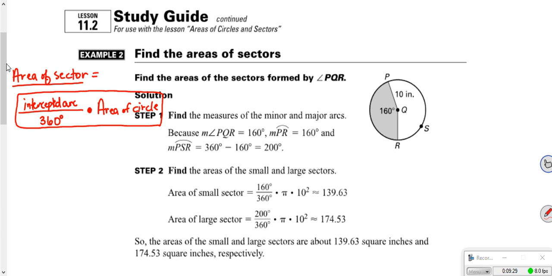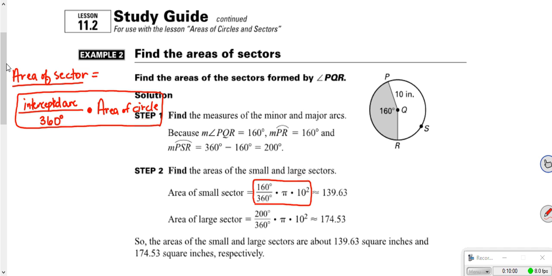Hope you all can see that. Area of the sector equals the intercepted arc measure over 360 times the area of the circle. So you can see down here in this example, the area of the small sector is 160 over 360 times pi times 10 squared. Again, that 160 over 360 is what gives us our ratio, our part of the circle.